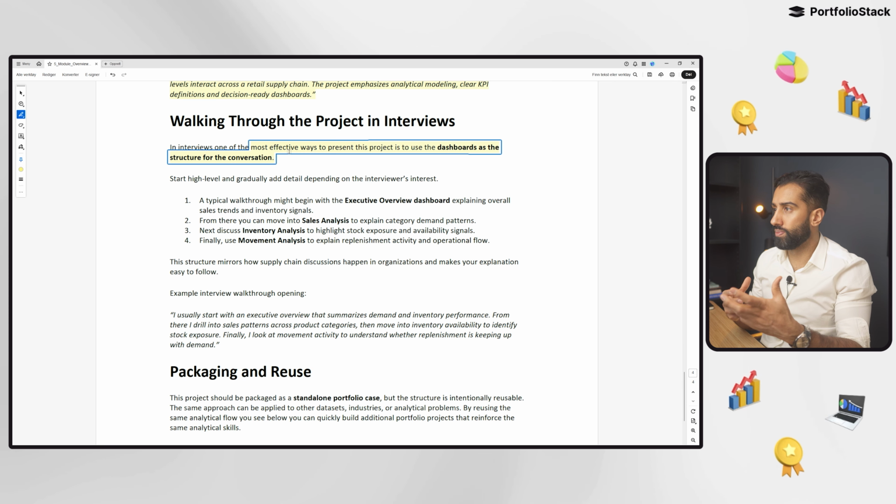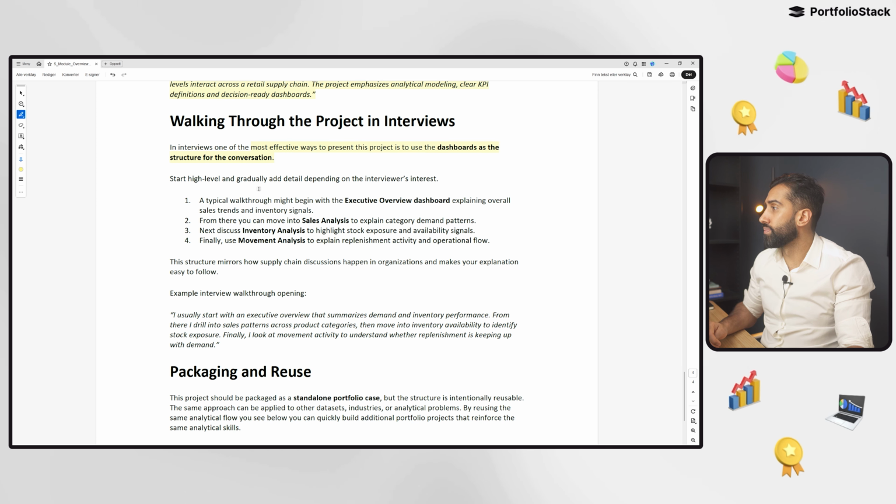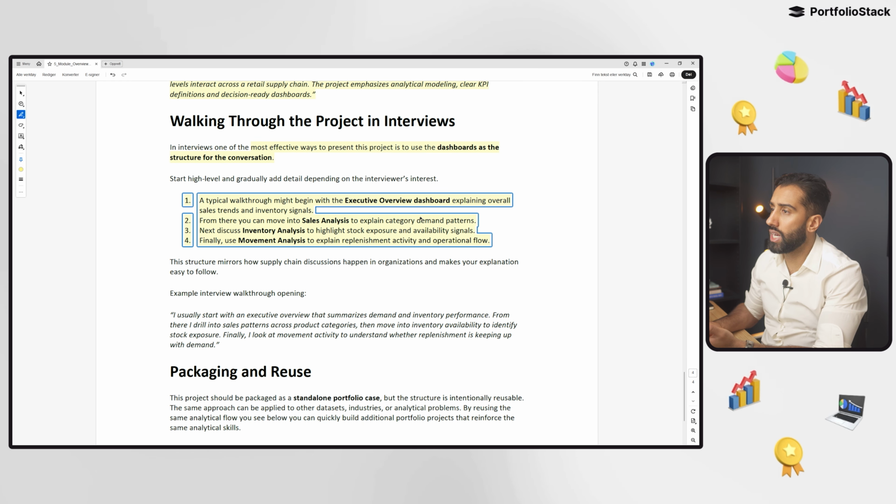It also gives you a bit of a cheat sheet to refer to as you go and pull in different parts depending on what you're trying to show. But start high level and gradually add detail depending on the interviewer's interest. And here I marked off that a typical walkthrough might begin with executive overview dashboard explaining overall sales trends and inventory signals.